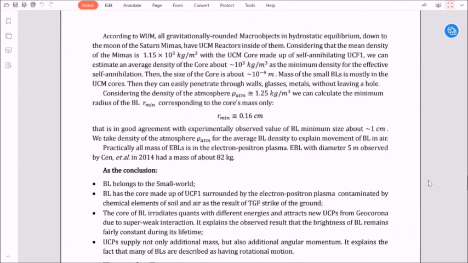According to this, all gravitationally rounded macro objects in hydrostatic equilibrium, down to the moon of Saturn Mimas, have UCM reactors inside of them.